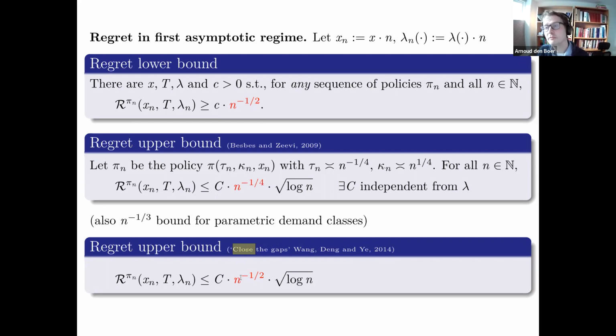They showed by a more refined analysis that a different type of policy can achieve the optimal rate up to logarithmic factors, which as before we do not really care about. We should, but we have to be friendly to ourselves. If we get the right rate apart from logarithmic factors, that's already nice.